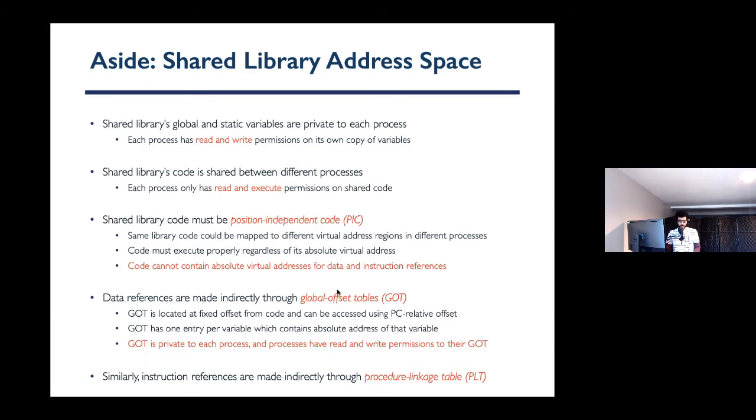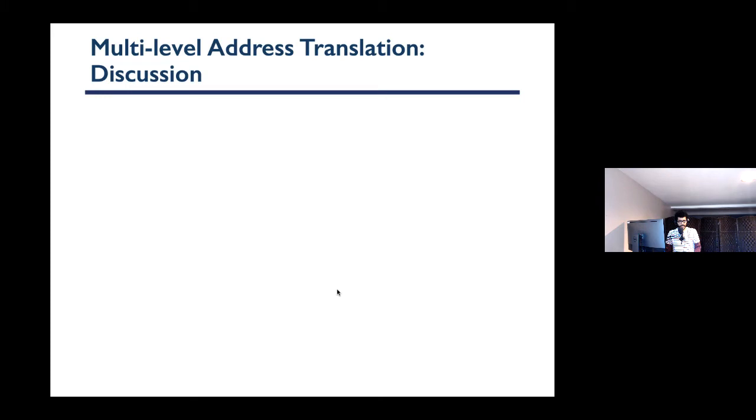Okay, so that's that. Now let's have a discussion about multi-level address translation. On the positive side, we were able to keep the memory usage for our page tables to a bare minimum.